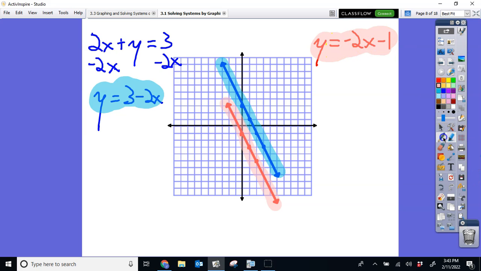Don't misunderstand me. We still have solutions for each individual equation, like we did in the first chapter. What's different now is there is no solution that works for both equations. Because guess what? If they don't touch each other, that means there's not a solution that works for both equations.